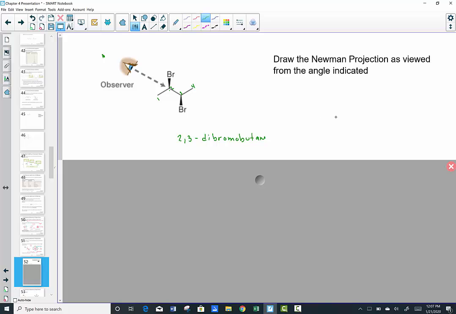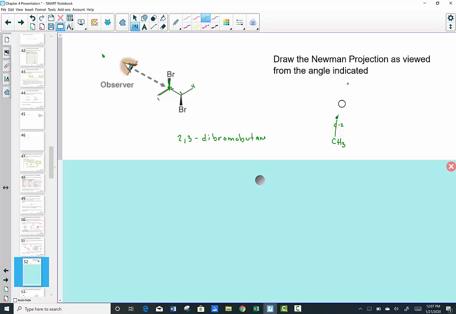So when I make a point and I draw what I see, I am drawing the perspective from carbon 2. Just keep in mind, when you draw the point, that represents carbon 2. That's this guy right here. What do you see? Coming straight down from the carbon, I see a methyl group, a CH3. Notice that this bromine here is a wedge, so that's coming out and to the right, but I'm only going to draw it as a solid line.